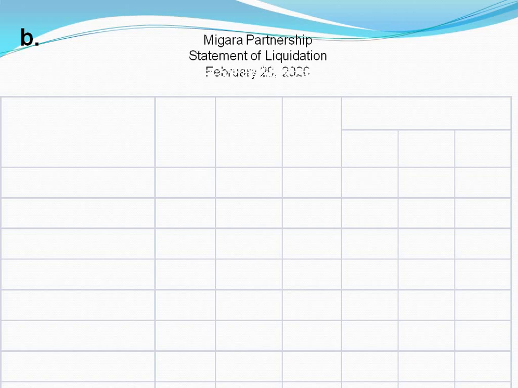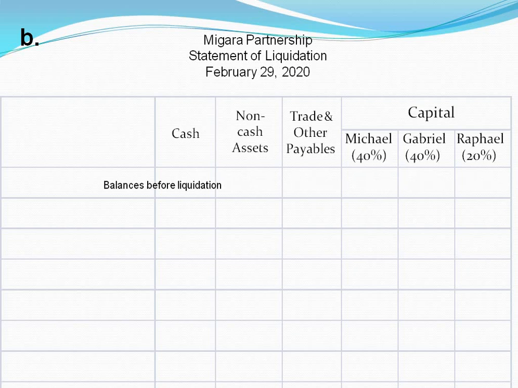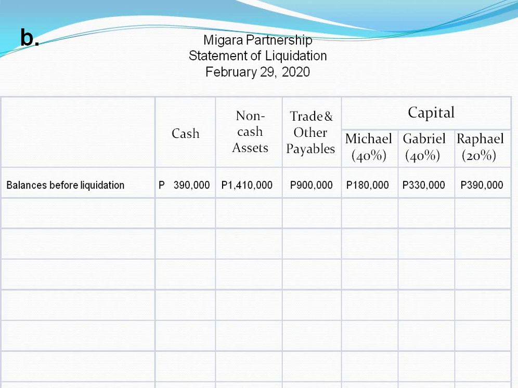Case B now. Same statement heading as in case A. Same money column headings and same balances before liquidation.